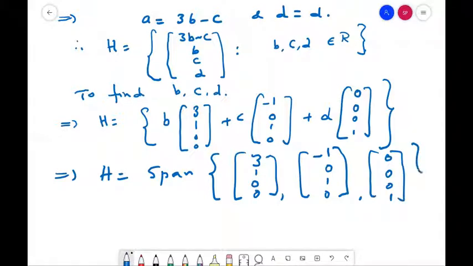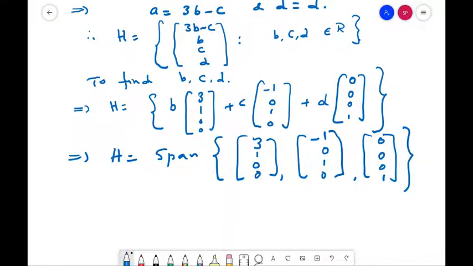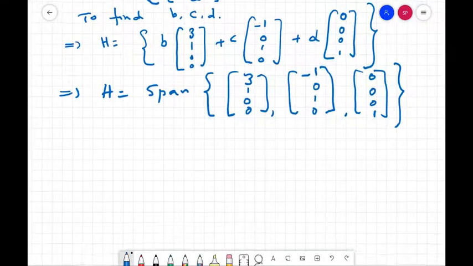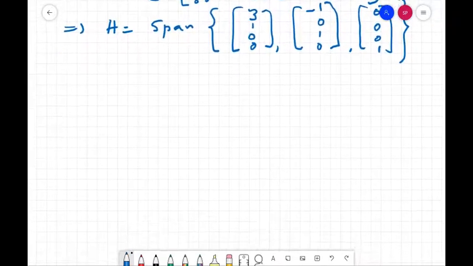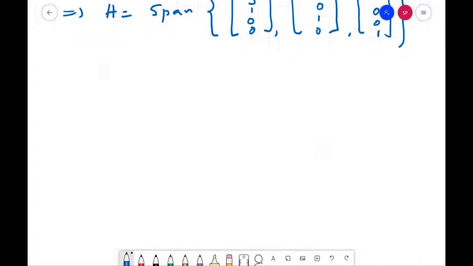So from the given equation, H is a set of some A, B, C, D, and we have obtained another description: H is the span of 3 vectors. Now how do we solve it? We have the previous methods, like taking these 3 vectors in a matrix and then reducing to echelon form. That method we will follow. To obtain the basis for H, we'll use this matrix method.